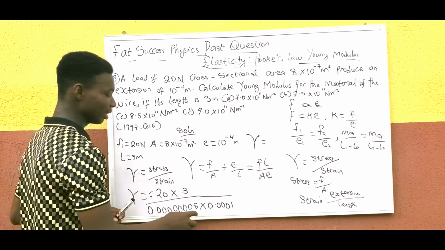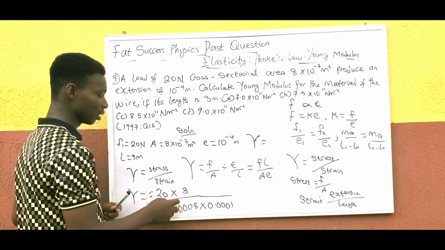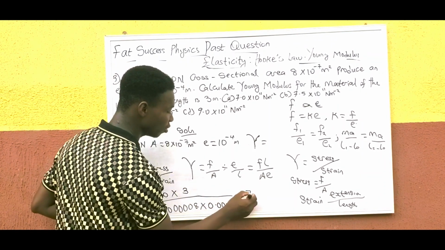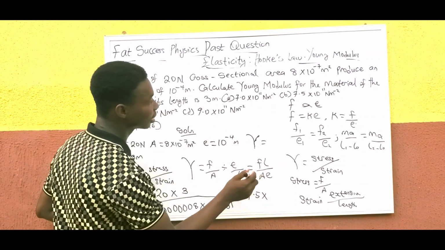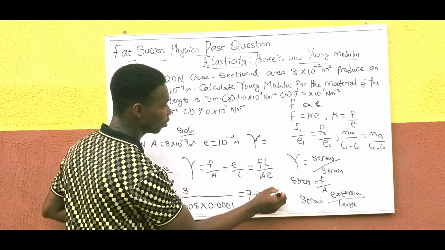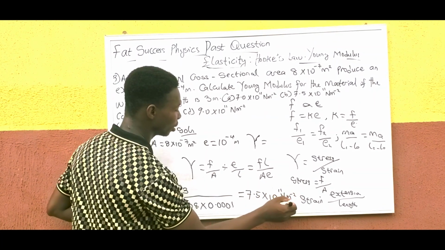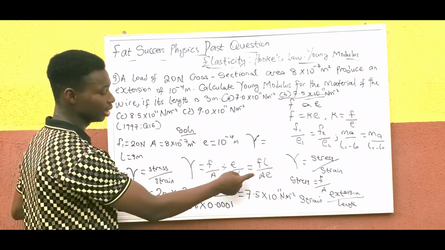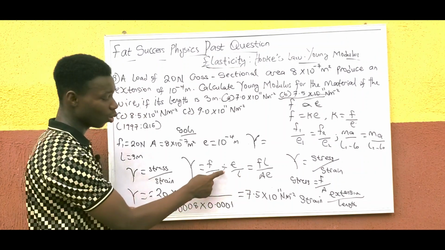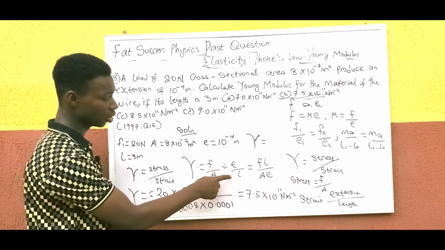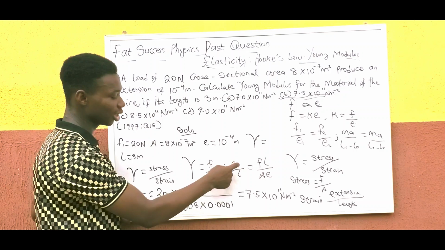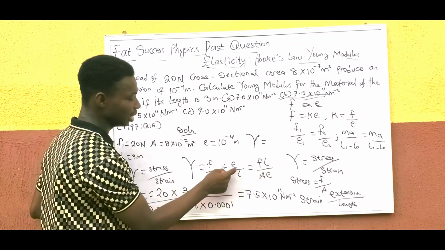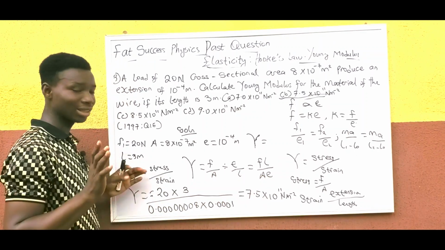When you multiply this and this together and use this to divide this, your final answer ends up as 7.5 times 10 raised to the power of 11 N per meter square, which is option B. One thing I did that makes it very easy for me: I convert this division sign to multiplication, where my length goes up and my extension comes down. F times L gives us FL. A times E gives us AE. So that is for that.